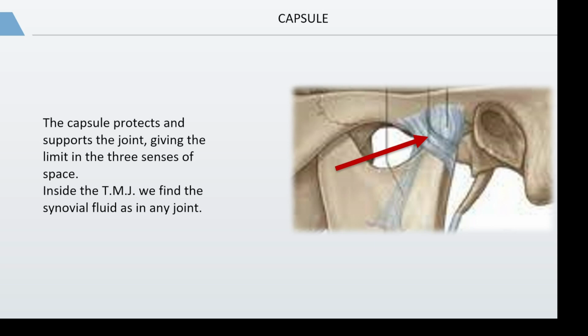The capsule is attached in the glenoid cavity and in the neck of the condyle, and it limits the movement of the jaw. The jaw is hanging through the capsule. Inside the TMJ, we find synovial fluid as in any other joint. We do the movement better without any friction.